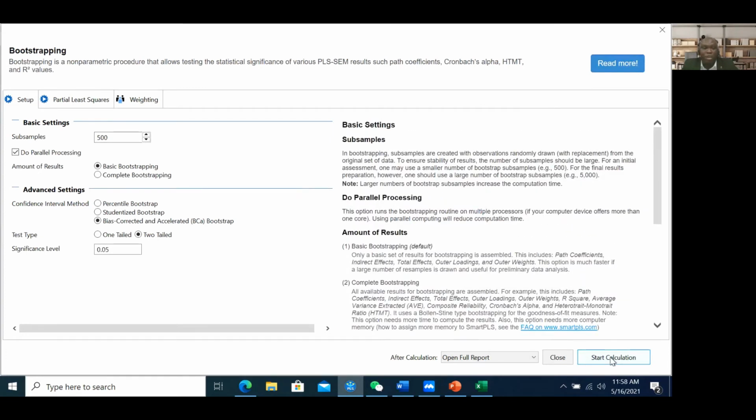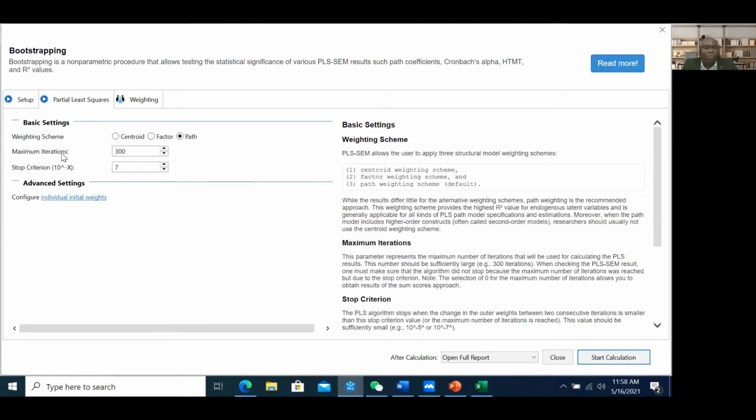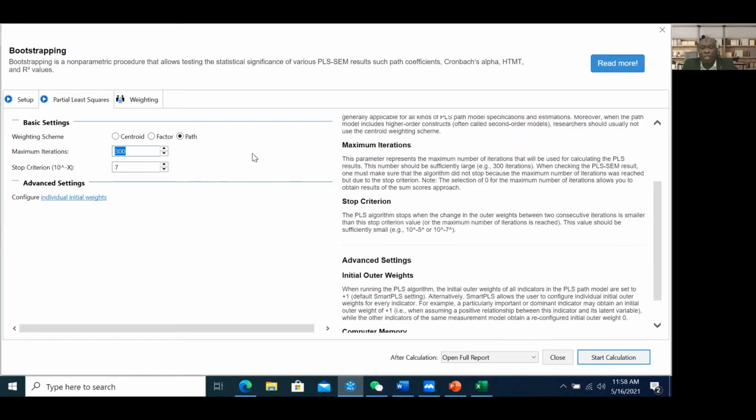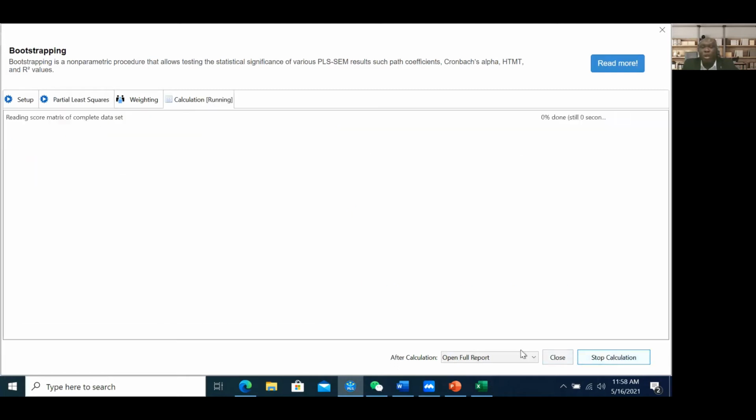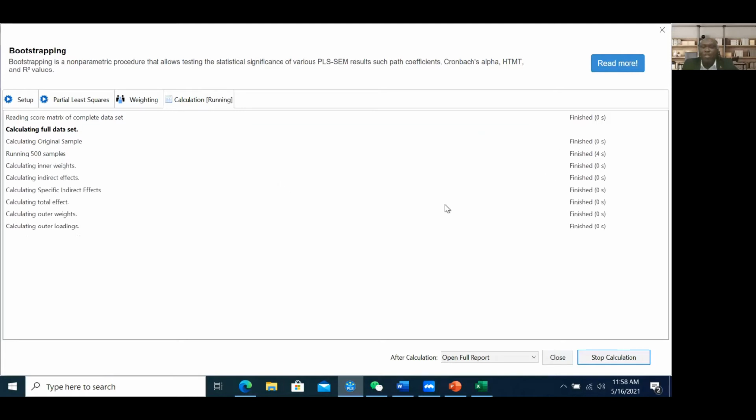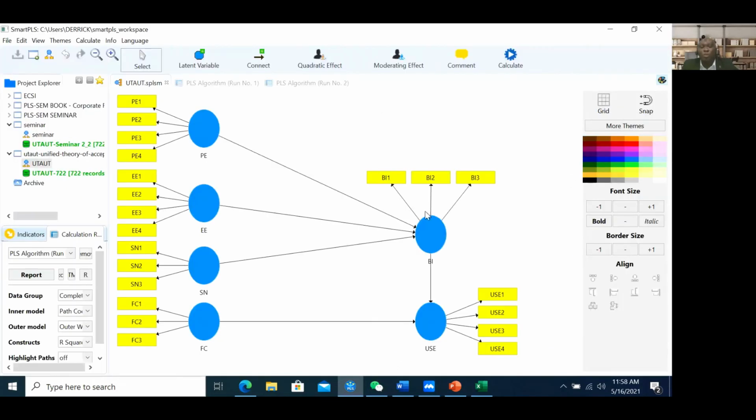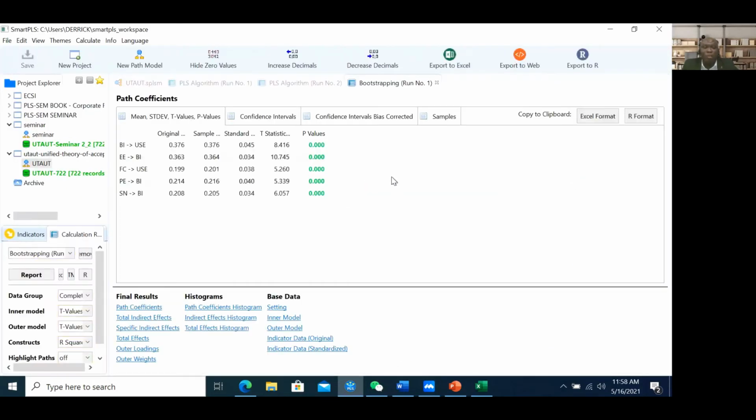You can read them and get familiar with them. You can increase the number of iterations, and then you run. Depending on the quantum of samples you're using, it takes quite some time.